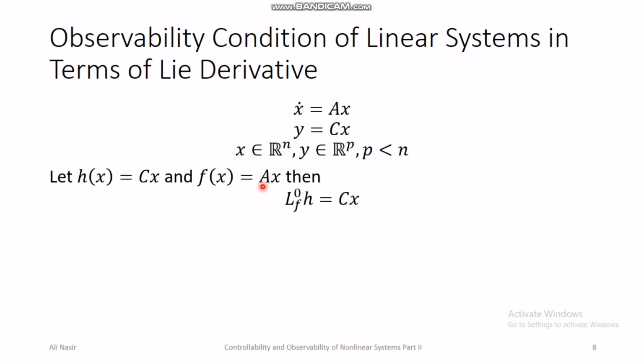Then the zero order Lie derivative would be C times x. That's simple. And then the first order Lie derivative would be C times A times x, and then the second order Lie derivative would be C A squared times x. And you might already have guessed where I am going with this.